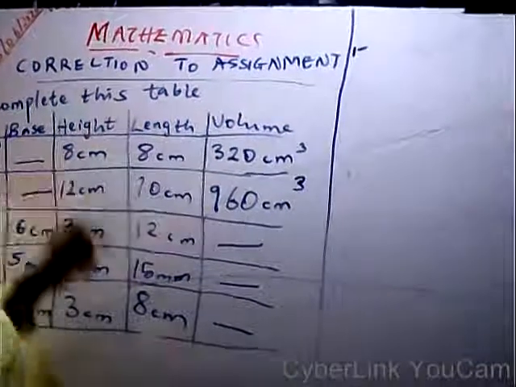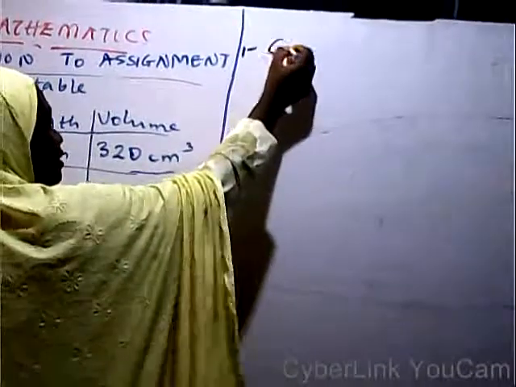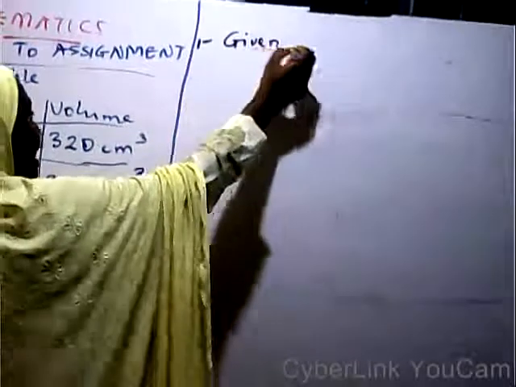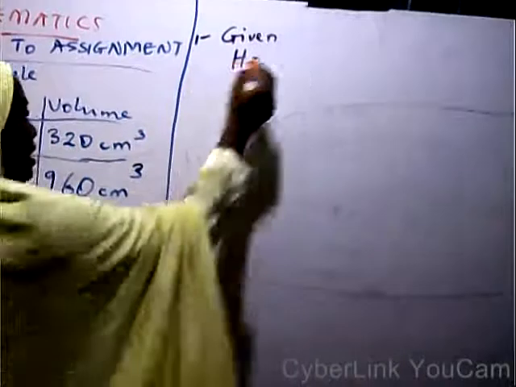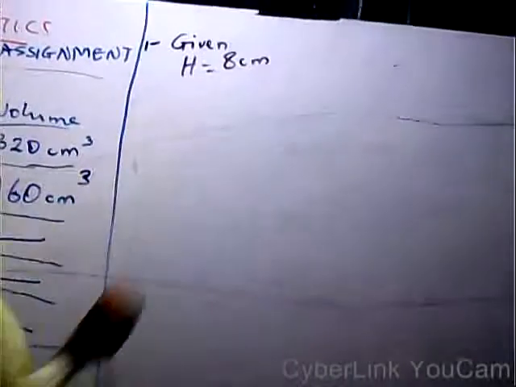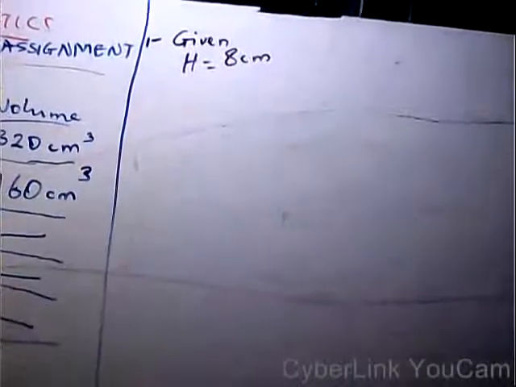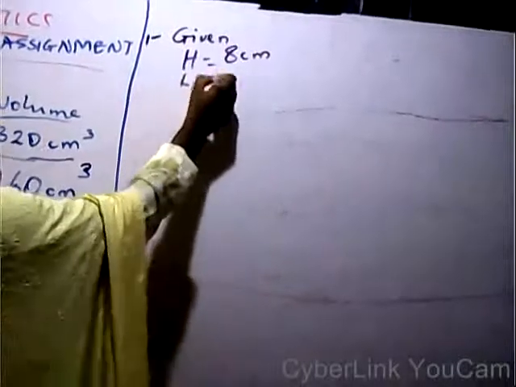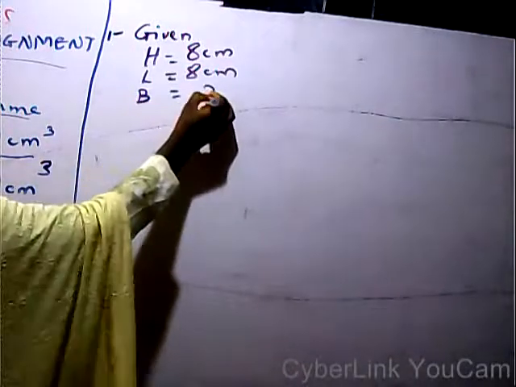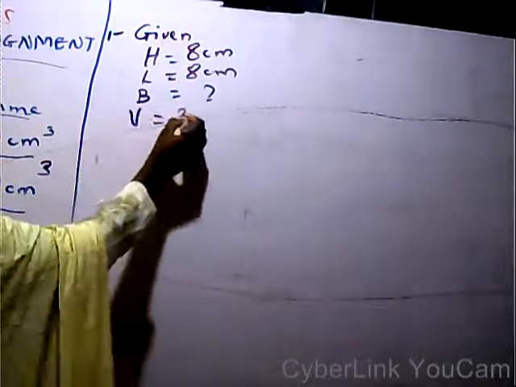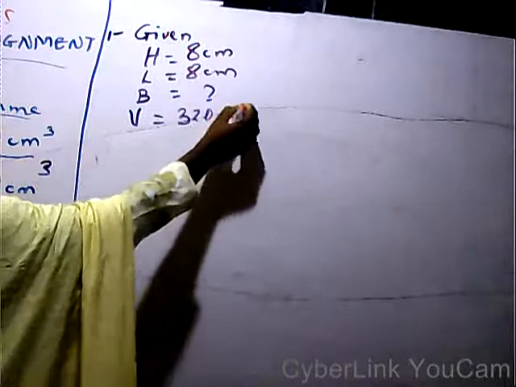We are given the height to be 8 centimeters, and we are also given our length to be 8 centimeters. And we are looking for our base. Mind you, our base is the same thing as breadth. So it's unknown. And we are given the volume to be 320 centimeter cube.